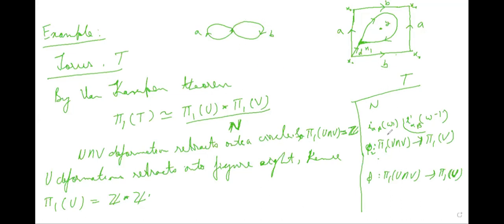So this loop will be mapped to A B A inverse B inverse.